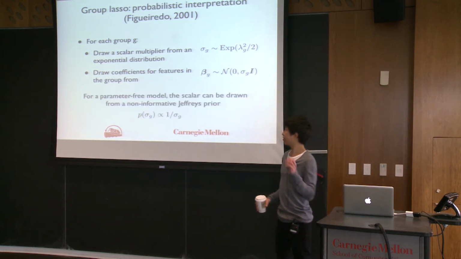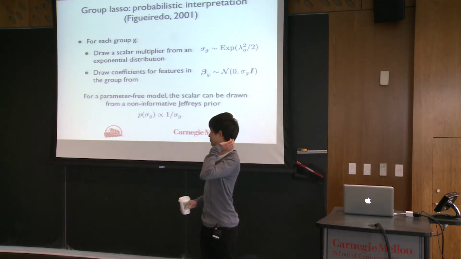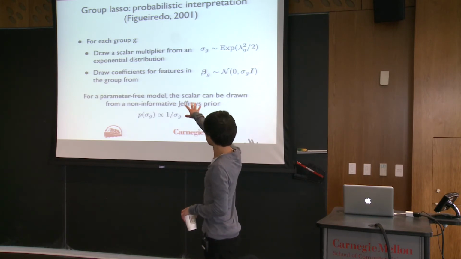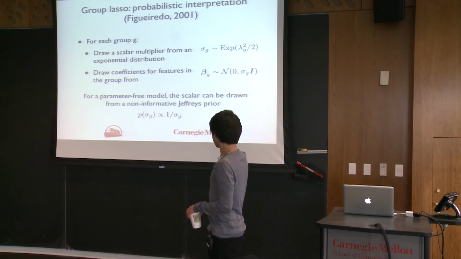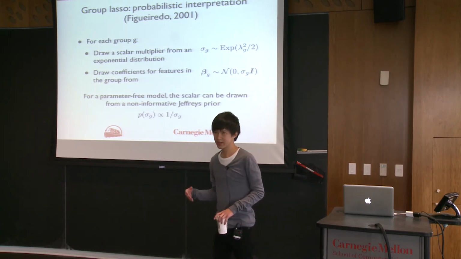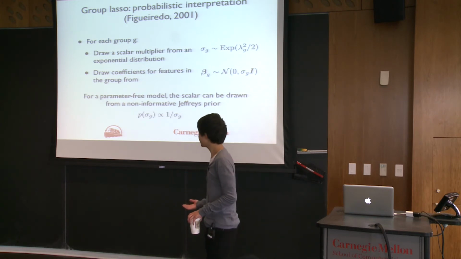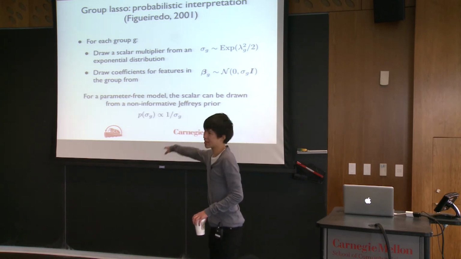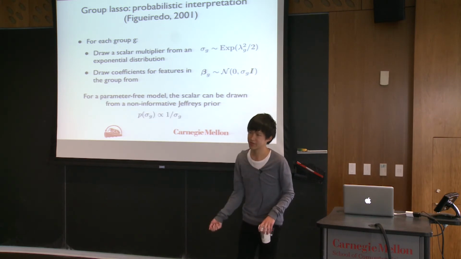He also proposed a different parameterization of the scalar multiplier distribution. They showed that instead of the exponential distribution, you can replace it with a Jeffreys prior. The probability of sigma is proportional to 1 over sigma.